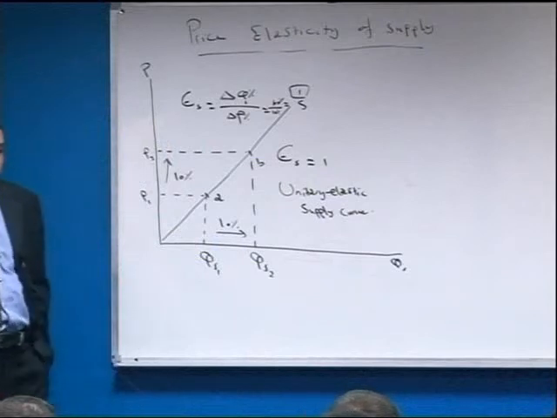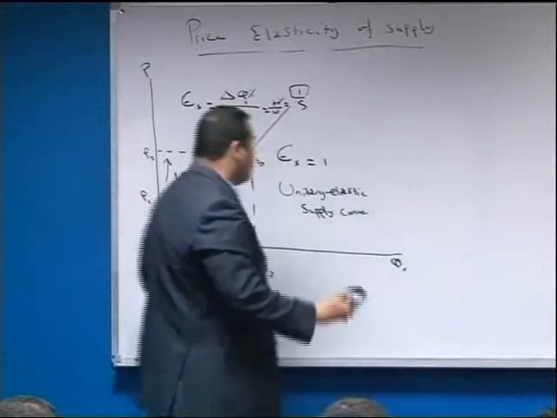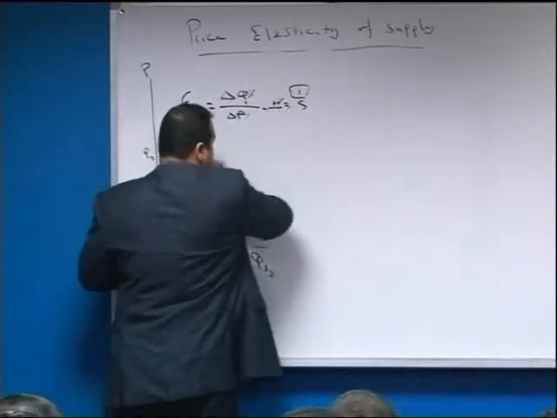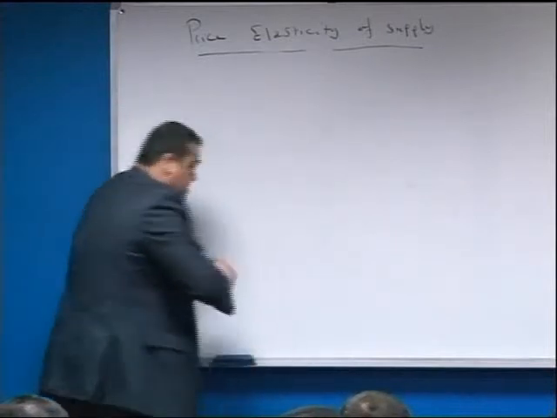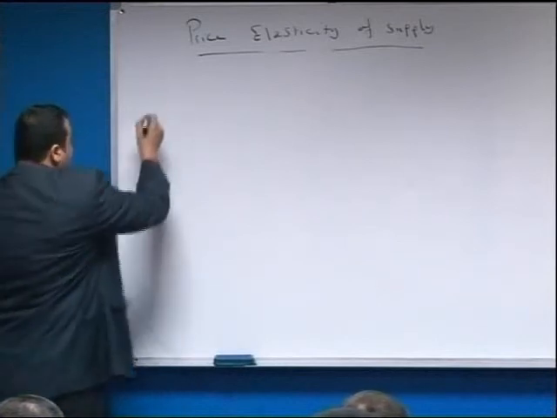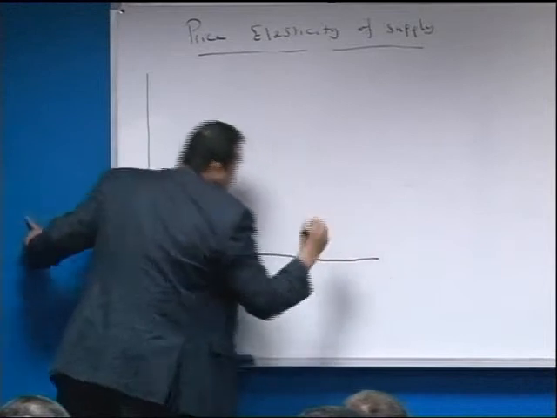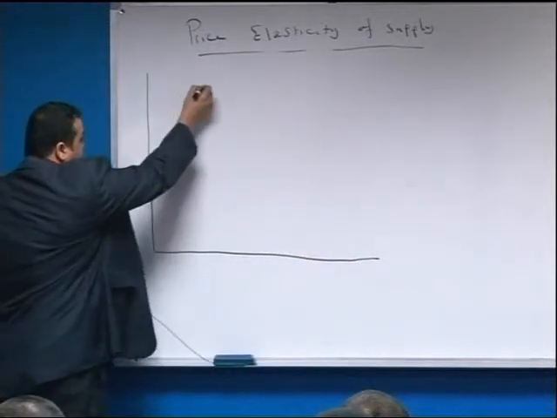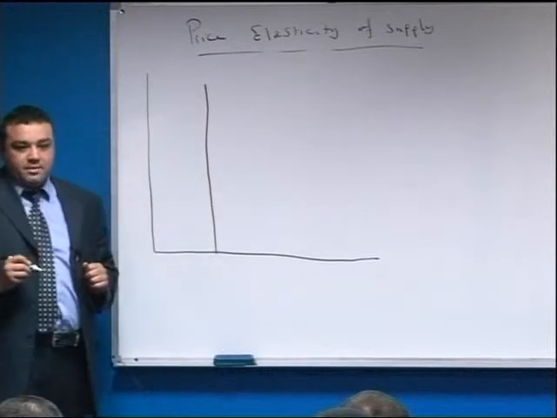Right? Is there a problem so far? What about when the supply curve is a vertical line? This is the fourth case. Suppose that the supply curve is a vertical line.